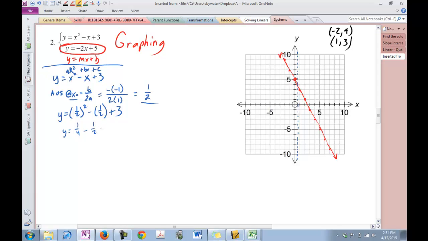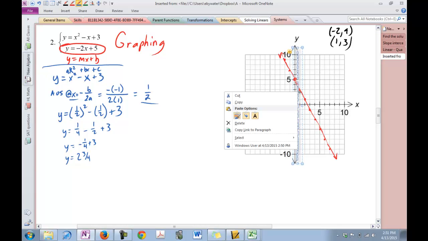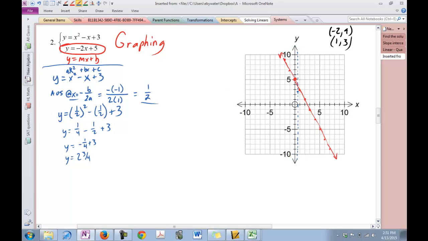And then I can subtract 1/4 minus 1/2, which is negative 1/4 plus 3, which ends up giving me a total of 2 3/4 or 2.75, which I can put on my graph. 2.75. So somewhere around there, and this is not going to like me, but there we go. It's right there, somewhere around right there. Okay, so I've got my vertex. Done! 1/2, 2 3/4. All right, axis of symmetry done.